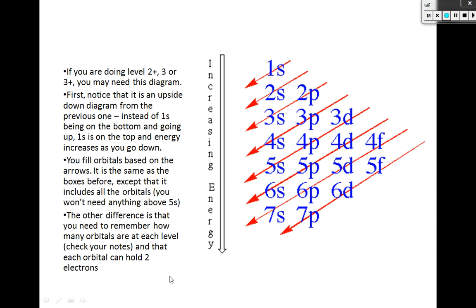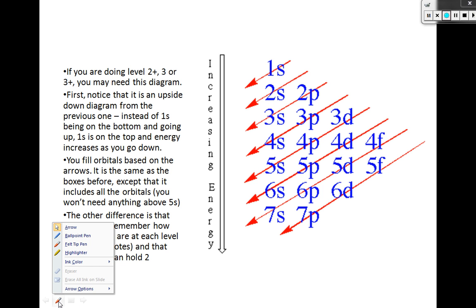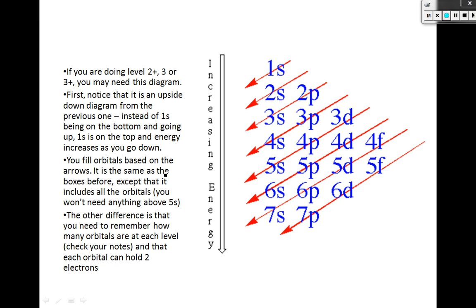All right, so one of the things that may be helpful is this diagram. The increasing energy is kind of flipped, so down here is the higher energy. This shows you in what order you fill your orbitals. If you look going across, you'll notice that it just lists the orbitals.